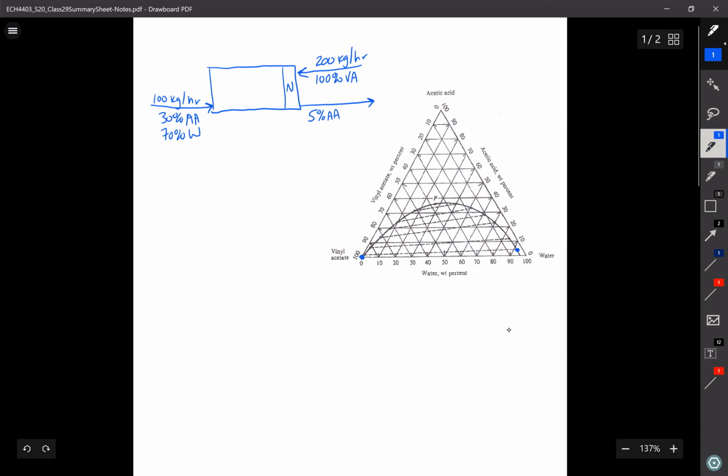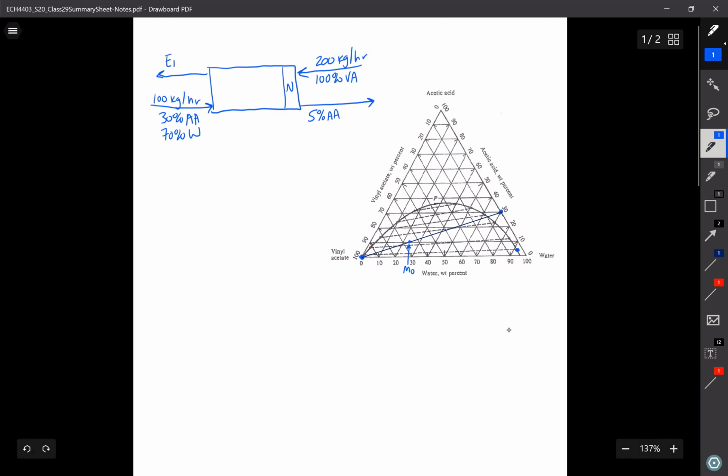The feed point is there, the solvent point is there. And last time we talked about how to find the overall mixing point. We found that the overall mixing point was 67% vinyl acetate. So this is M overall. And we set about first finding what our unknowns are.